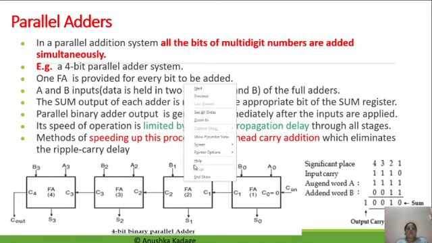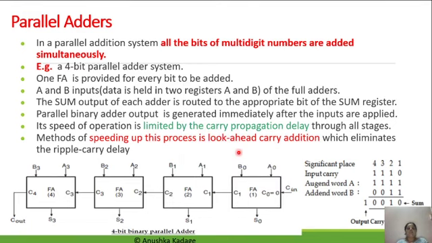So the parallel adder, as the name indicates, is mainly going to give us the addition in parallel form. That means if I have multi-digit numbers, as indicated here, A and B, each consisting of 4-bit values, this is called a multi-digit number.